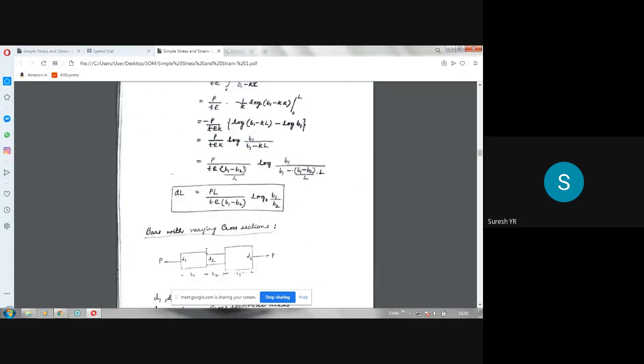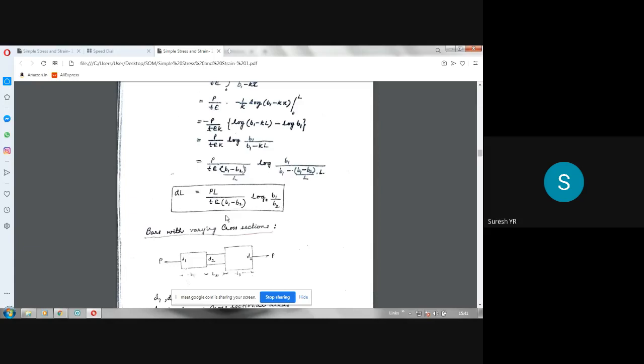For a tapering rectangular rod, this is the formula: PL divided by T into B1 minus B2. B1 is the width at one end, B2 is the width at the other end. The larger value is taken as B1, the smaller value as B2, then log B1 by B2 to the base e.